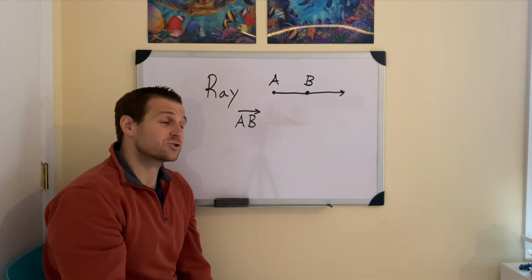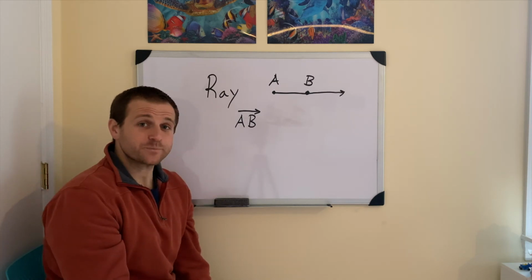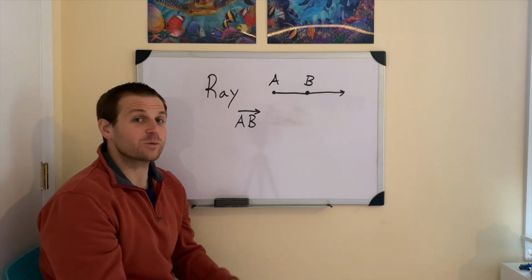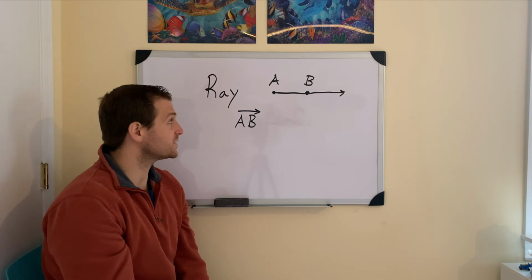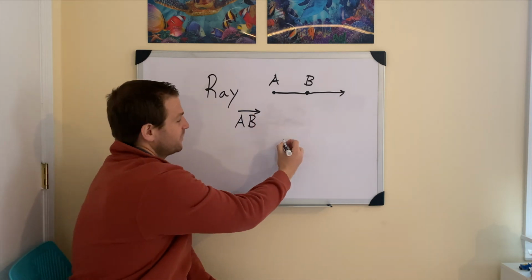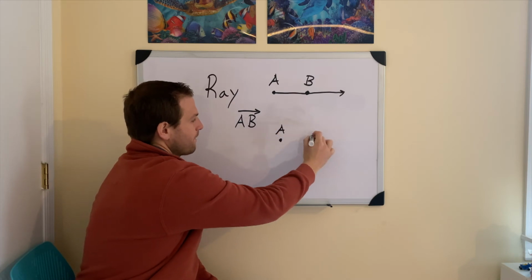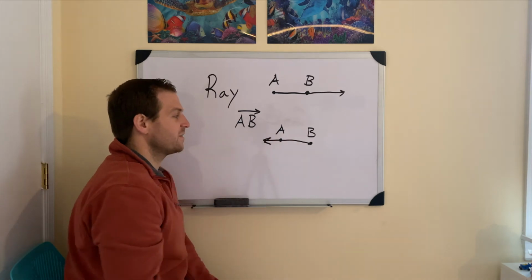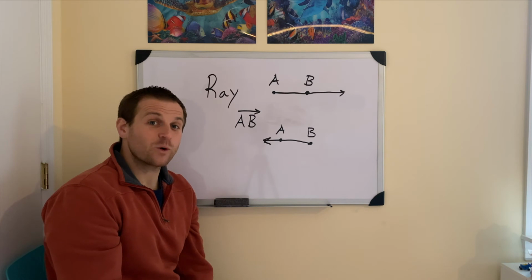Now with a ray, it is extremely important how you notate it, because there could be two different types of rays when we're looking at line AB going on infinitely in both directions. So if, for example, I wanted to talk about this ray, it would not be labeled ray AB.